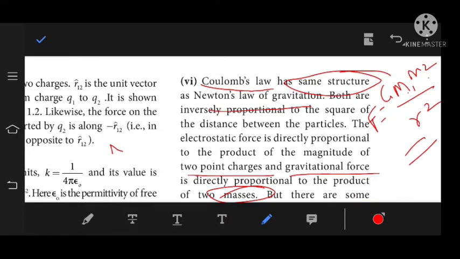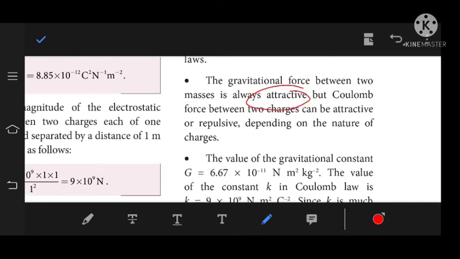The gravitational force between two masses is always attractive, because any mass is attracted towards the earth, but Coulomb's force between two charges depends upon the charge. If they are the same kind, they repel. If different kinds, they attract. So it is attractive or repulsive depending upon the nature of the charges.